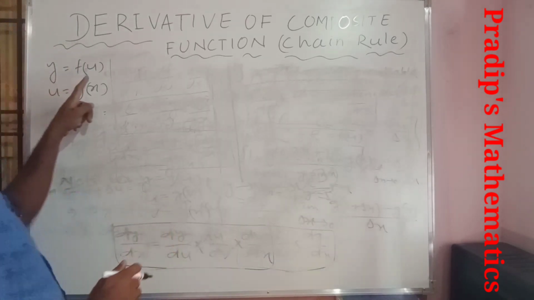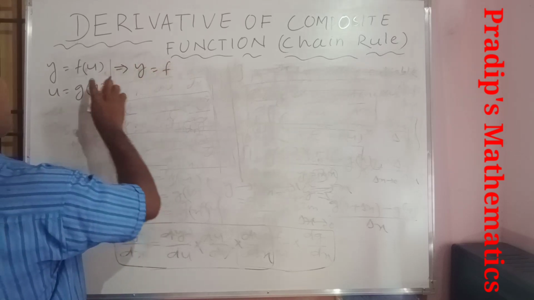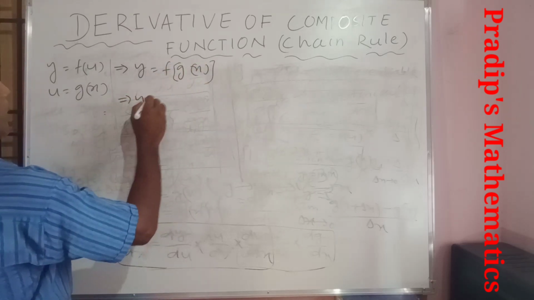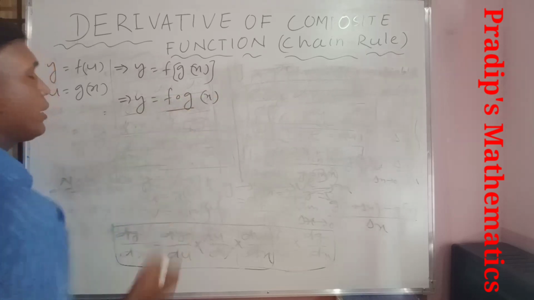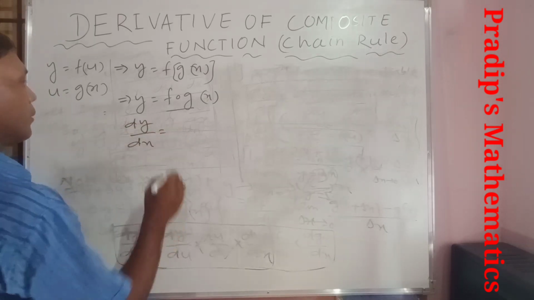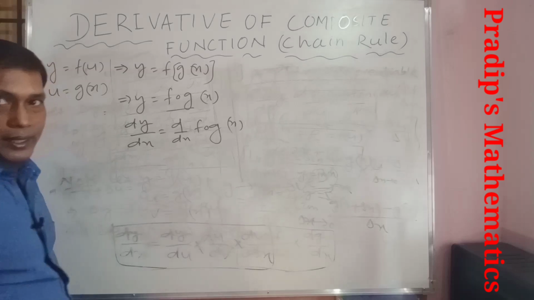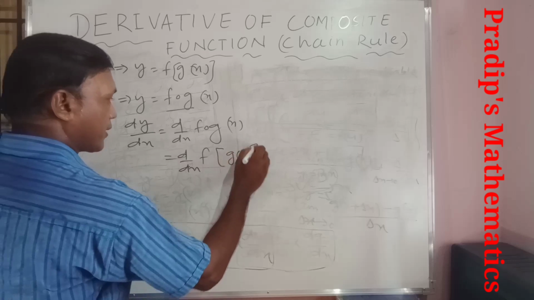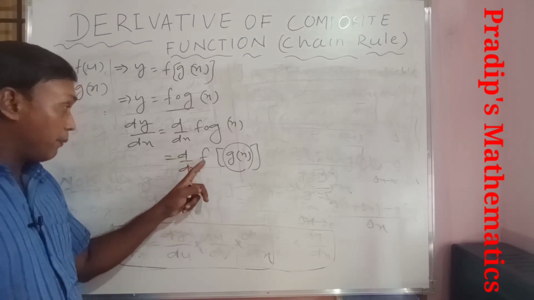Look at here, y is a function of u and u is a function of x, which implies y is equal to f of u, and u is equal to g of x. So y is equal to f of g of x. This function f of g is a composition function. Now dy by dx is equal to d by dx of f of g of x. Here g of x is u, and we want to differentiate f.